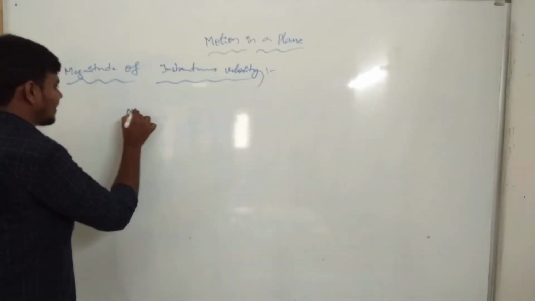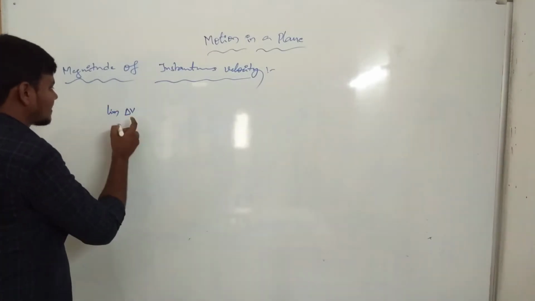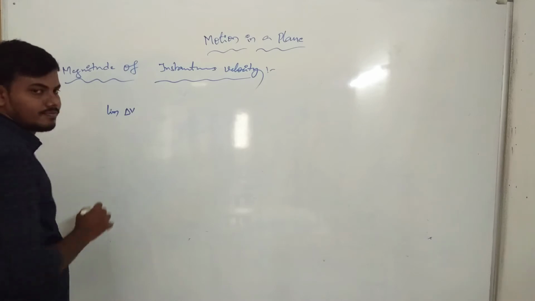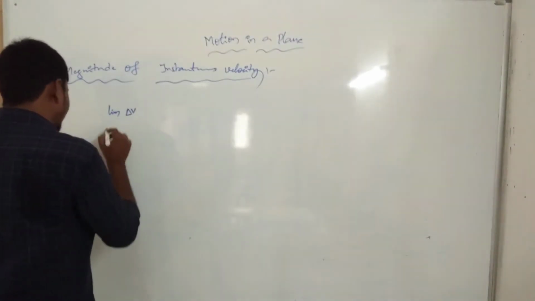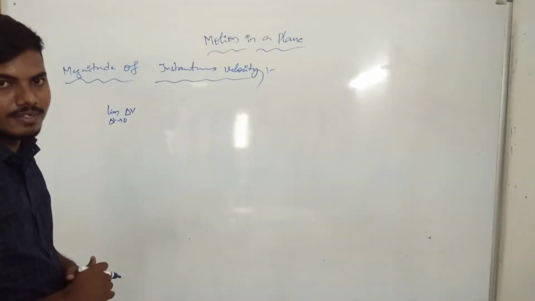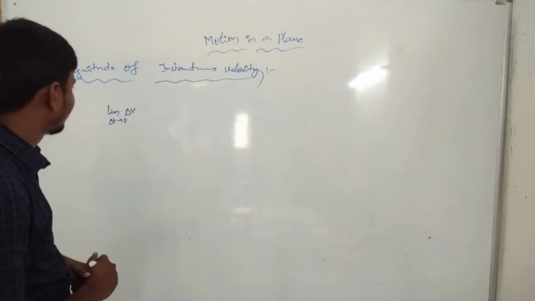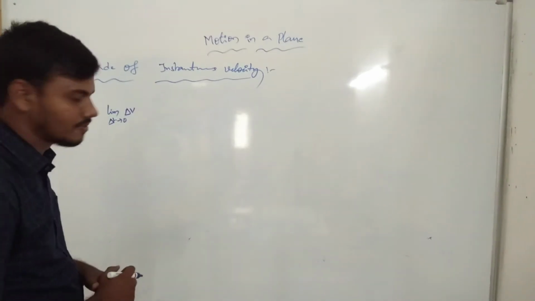Now delta V. The limits of delta V, at position V, as delta T tends to 0. The limit as delta T tends to 0.